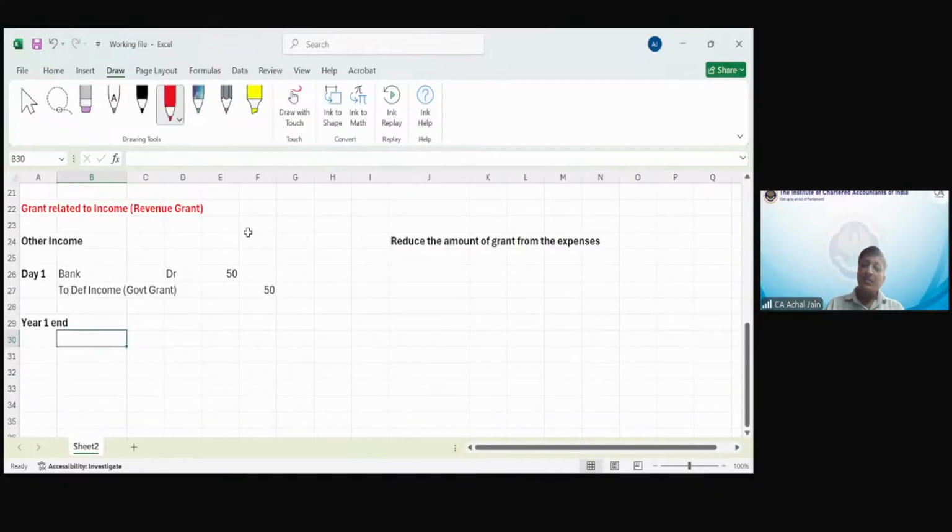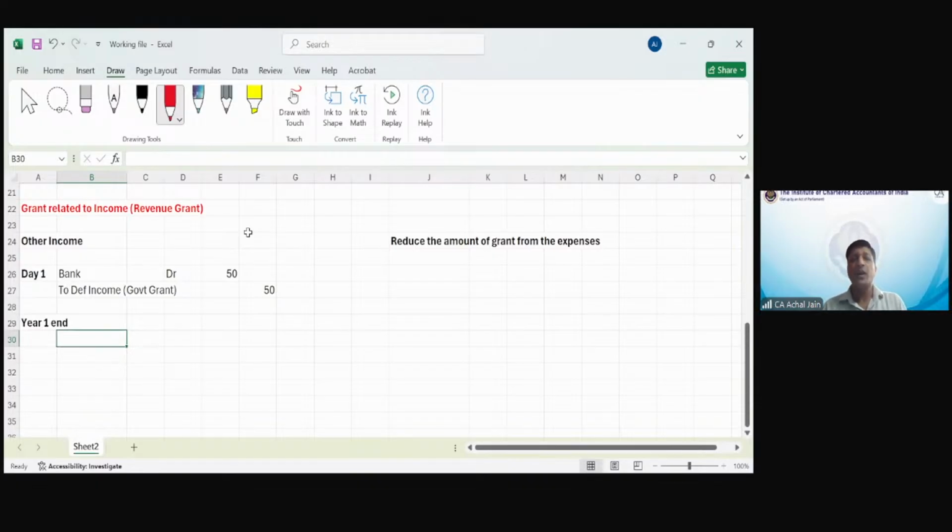In this case, we will amortize it over the period the entity is required to comply with the conditions. Every time there will be some conditions attached. So the period over which the entity will be able to comply with the conditions will be picked up for amortization of deferred income. In this case, what is that period? The entity is required to recruit new employees over the next 3 years.